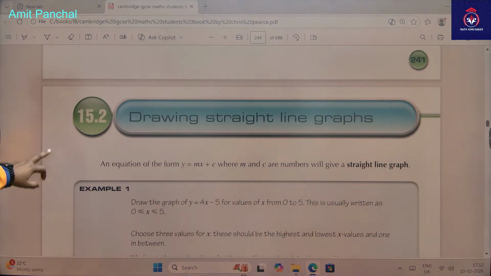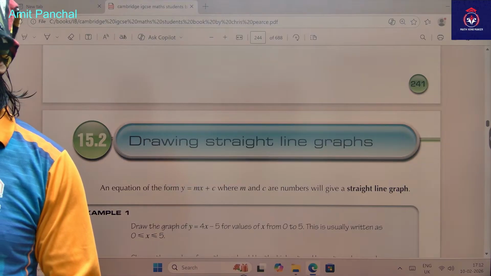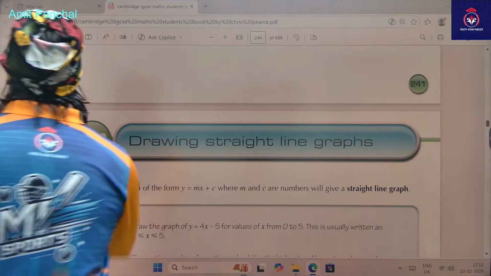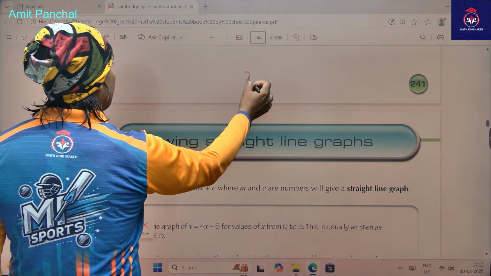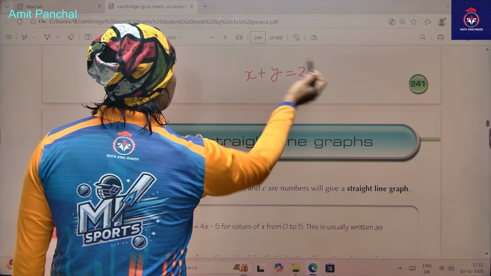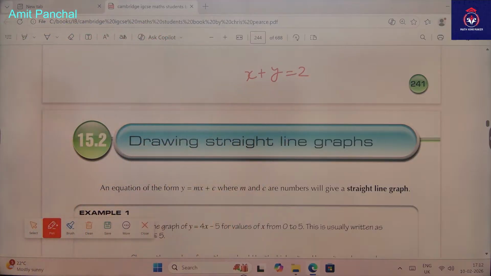Now drawing straight line graphs, how you can draw straight line graphs? If I give you a line x plus y equals to 2, can you draw this on graph paper? You can draw? Yes, sir. This I know. But like, what is below this? They give an equation and they say use this graph to find the equation of y.